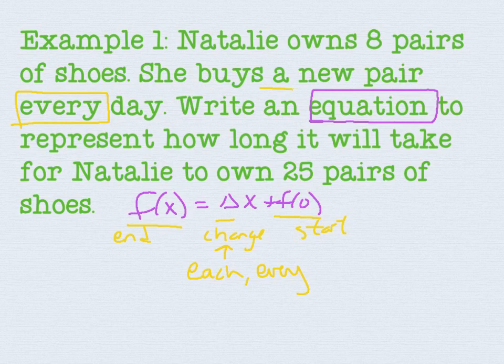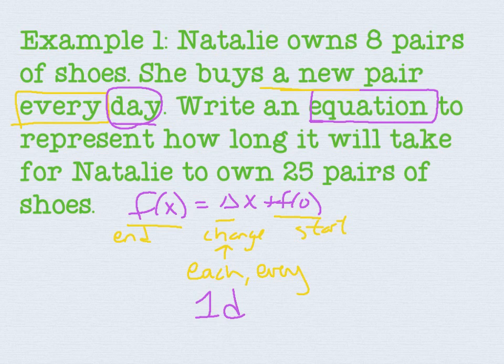It says a new pair of shoes, which in this case means 1. So the repeated multiplication and our change is going to be a 1. What type of variable are we going to use? We could just use an x, but since we know that we're looking at days, we could also use a d for day.